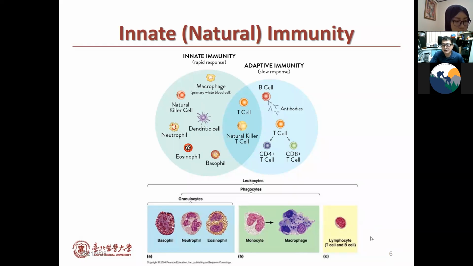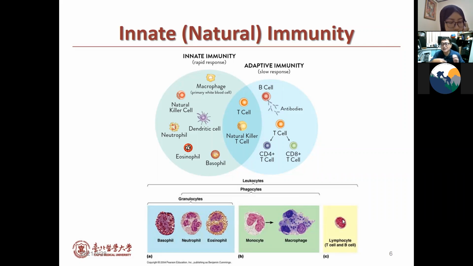Another set of white cells here is the lymphocyte. You can see the size is significantly smaller compared to other types of cells, right? Another thing is a very small volume of cytoplasm, mostly nucleus.